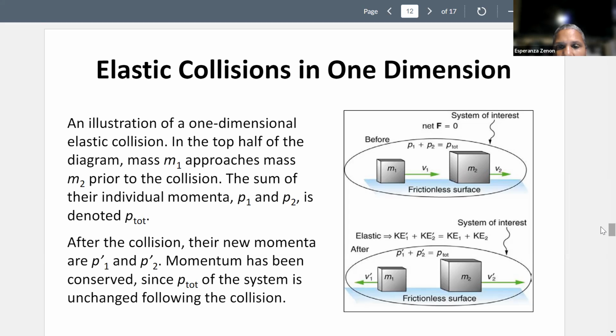All right. Now let's look at that same system at the bottom picture. Same two objects, M1 and M2. But notice they're now pointing in opposite directions. You can see the green arrows. They're pointing in opposite directions. That is because they hit each other and then rebounded off of each other in the opposite direction. Okay. So now what we have to do is we add up the momentum again. So we take M1 times V1 prime.